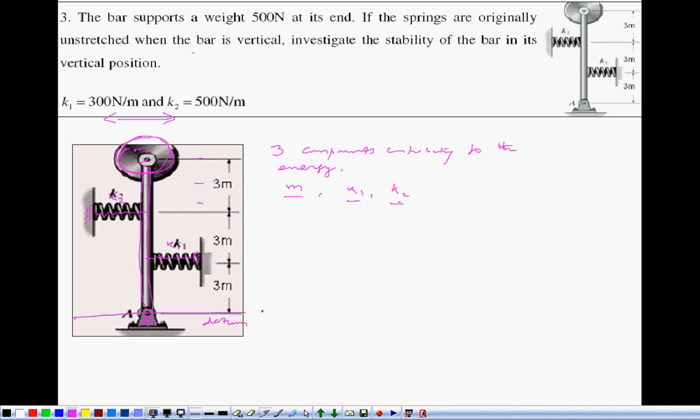Now this is very simple. The total energy can now be written as, mind you, there are other positions possible. For example, the mass could go into something like this, right? So let's say this is some theta.